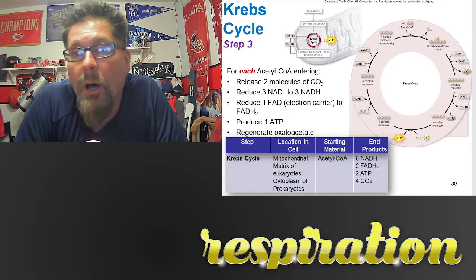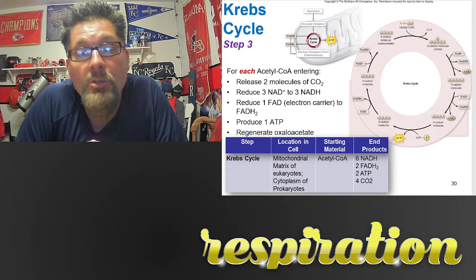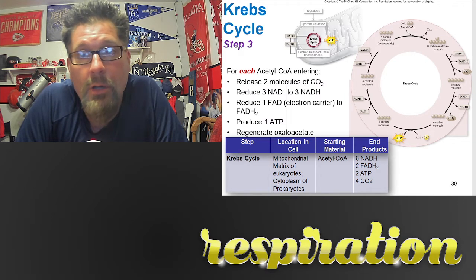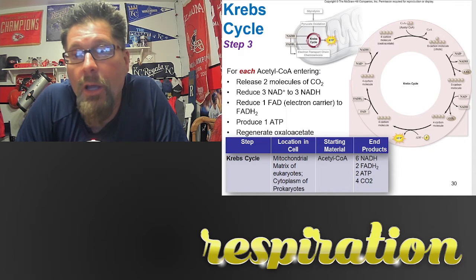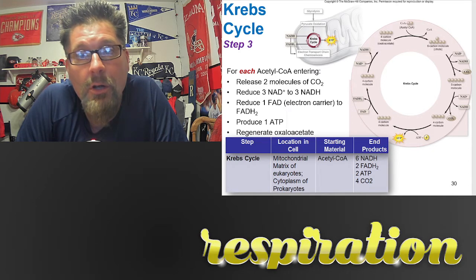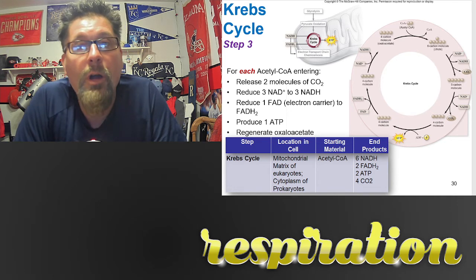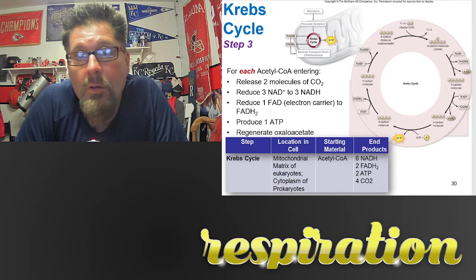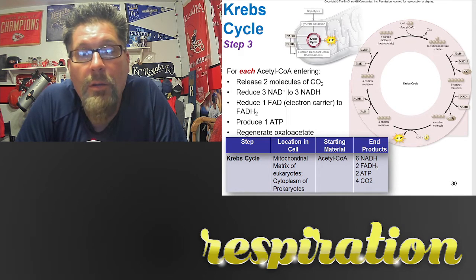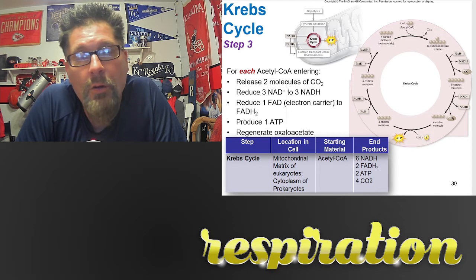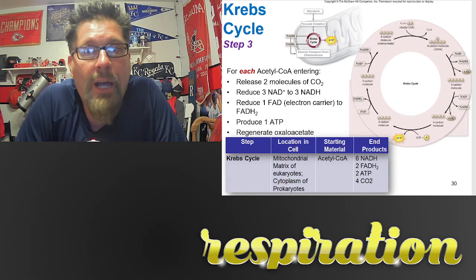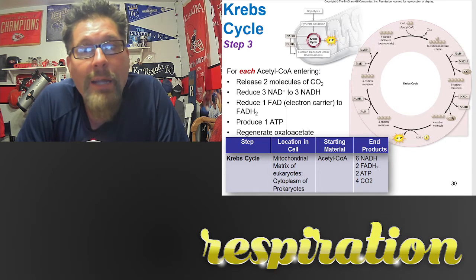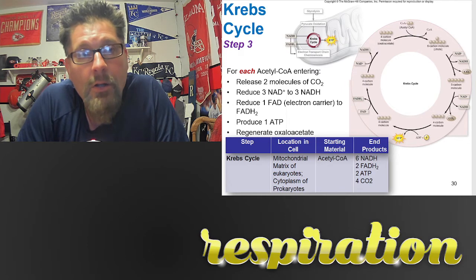Okay, but now we see some different numbers. So one thing to think about on your test or on your quizzes: if you see a 6 or a 4 for an end product, you want to be thinking Krebs cycle. The other one that could also be a 4 is if the question asks you how many ATP molecules are made during glycolysis.